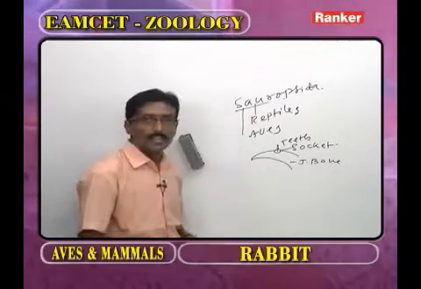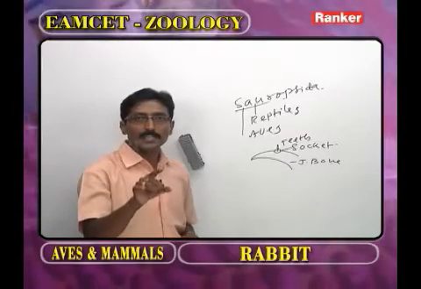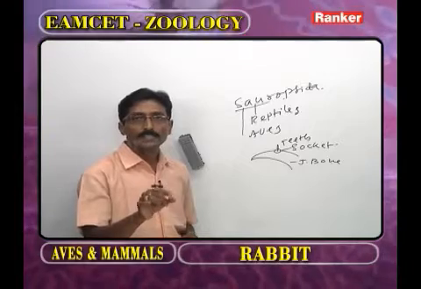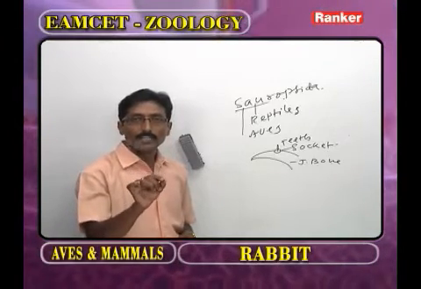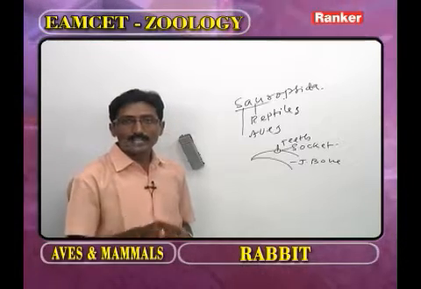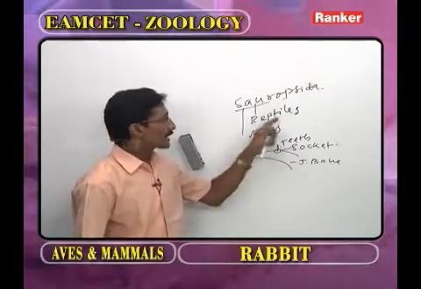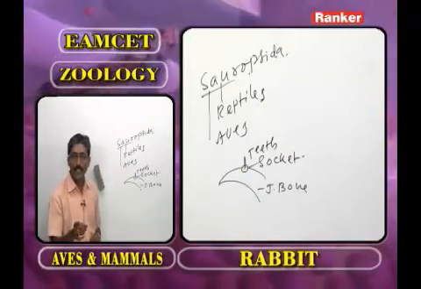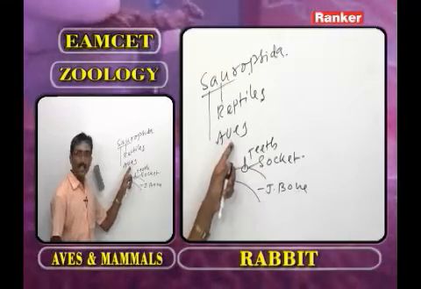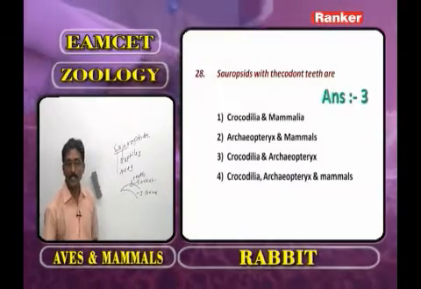Among Sauropsida, where we have to observe the thecodont teeth? One example is the Crocodilia. The second example is Archaeopteryx, that is a flightless bird, now extinct. Based on this information, what is the answer? Crocodilia come under the reptilia. Archaeopteryx, a flightless bird that became extinct, comes under the aves. So both are considered Sauropsida. The answer is the third one.